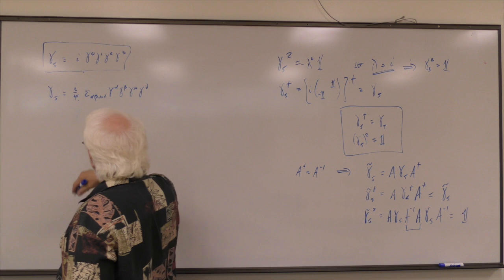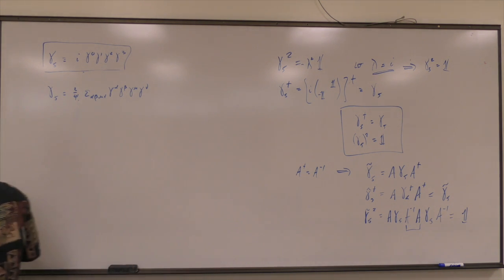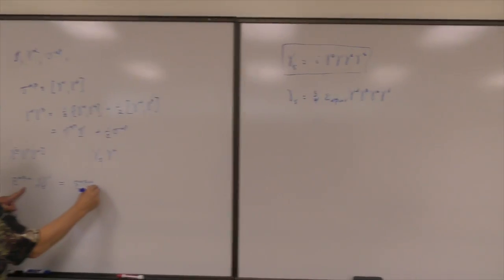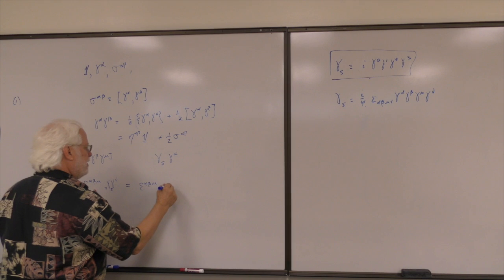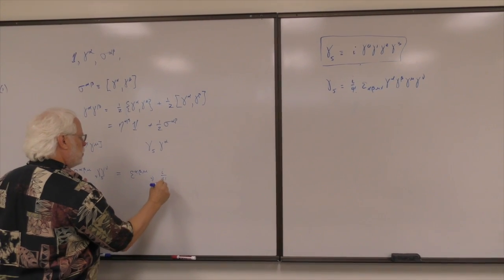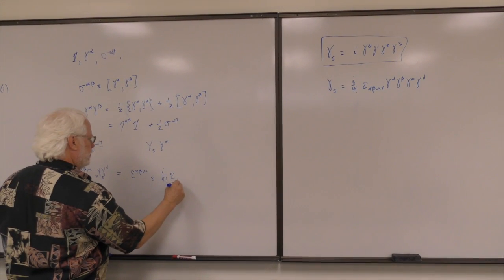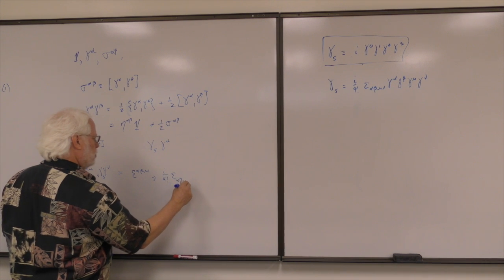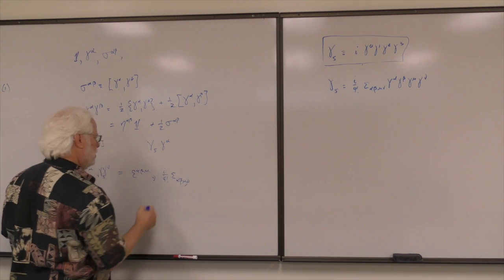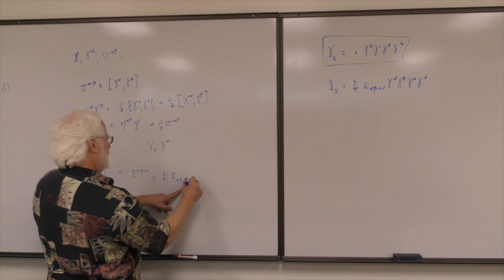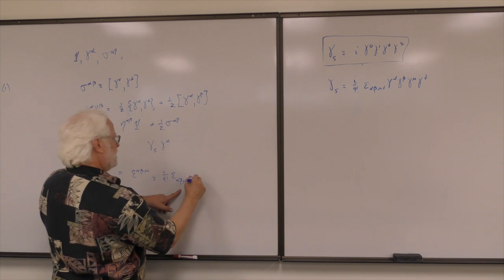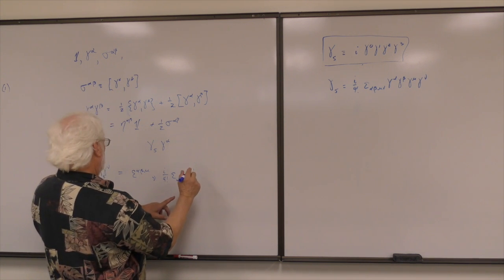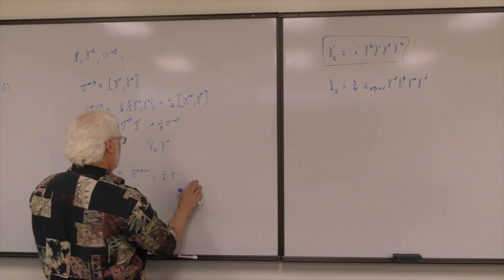So now, when I put another epsilon like this, I have epsilon alpha beta mu nu. My gamma 5 is i over 4 factorial epsilon rho sigma lambda delta, something different. These all have to be different, right?